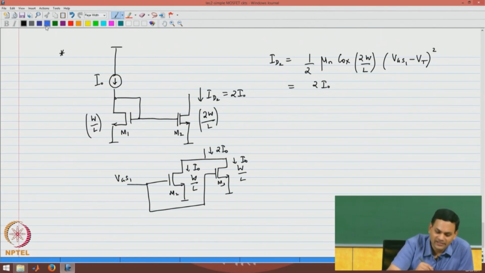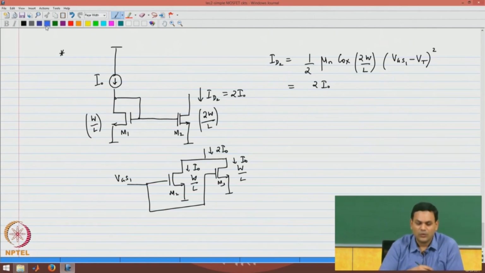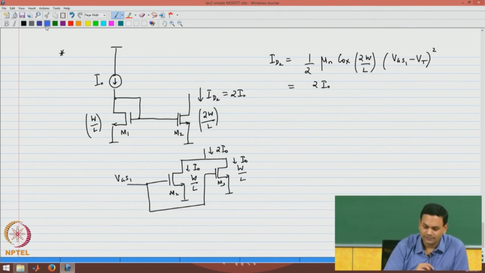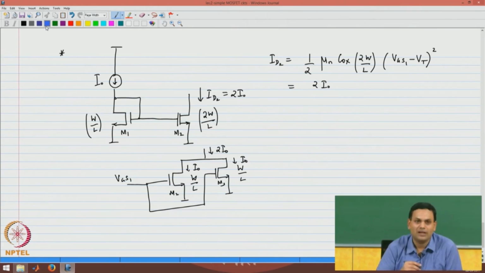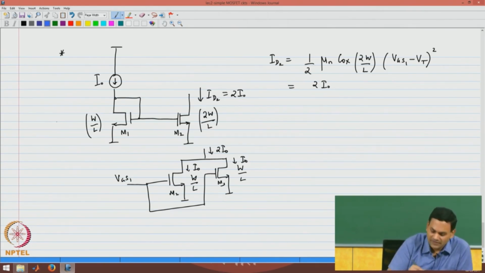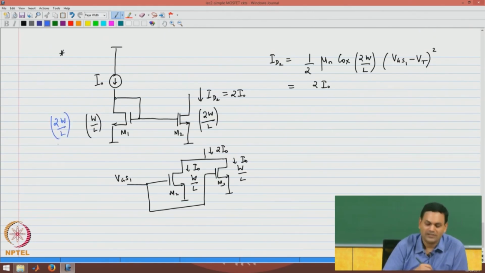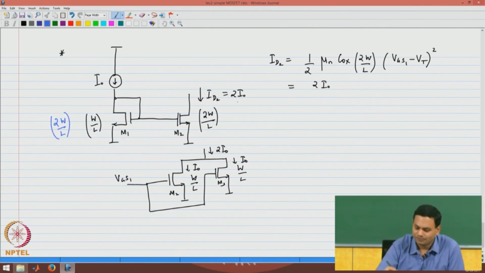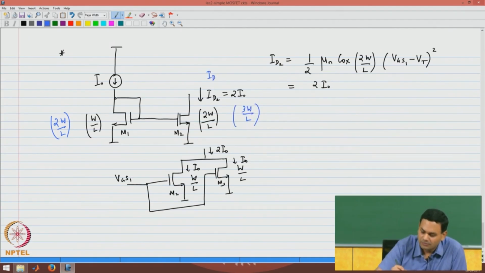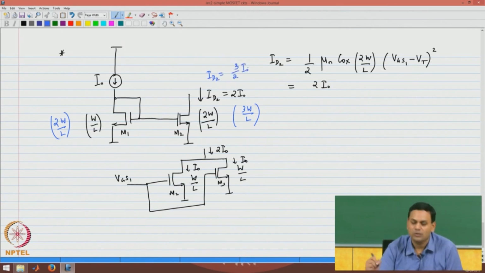Now, the last thing is that we can also generate fractional currents. For example, I am going to show this on the same diagram in blue color. If I want ID2 to be equal to 3 by 2 I0, then all I have to do is use a width 2W for M1 and a width 3W for M2, then ID2 becomes 3 by 2 I0.